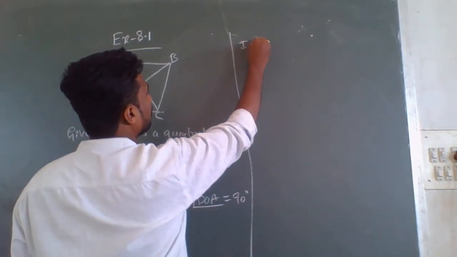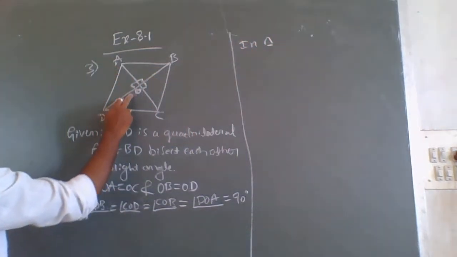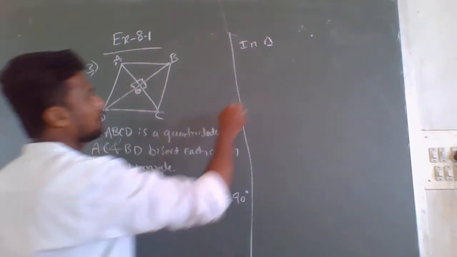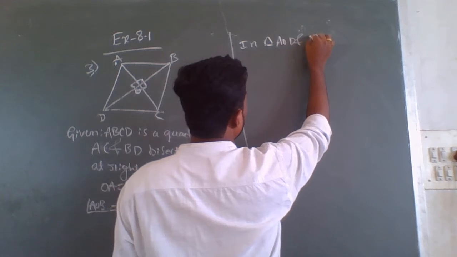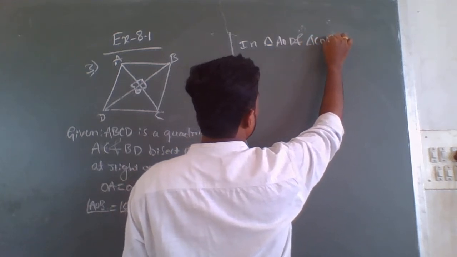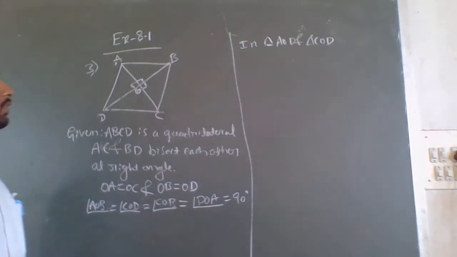In triangle AOD and triangle COD, what is given here?